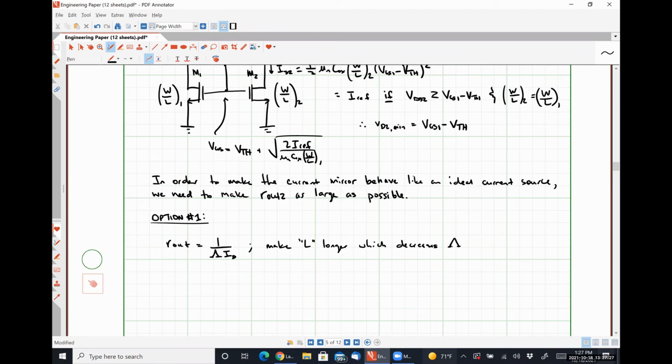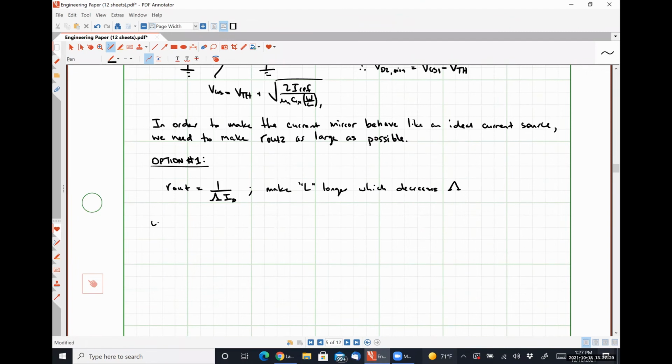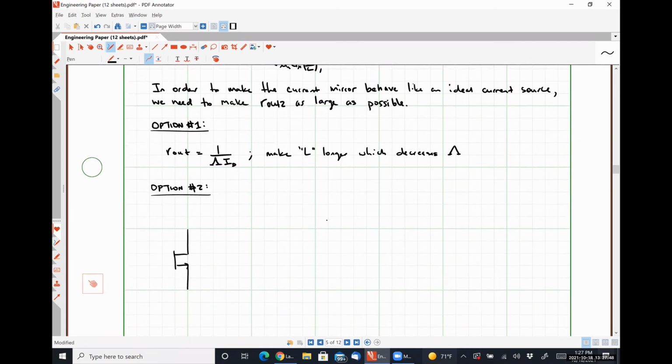All right. Option number 2. What if we took a transistor, let's call this guy M2, and I included some source resistance, like so.